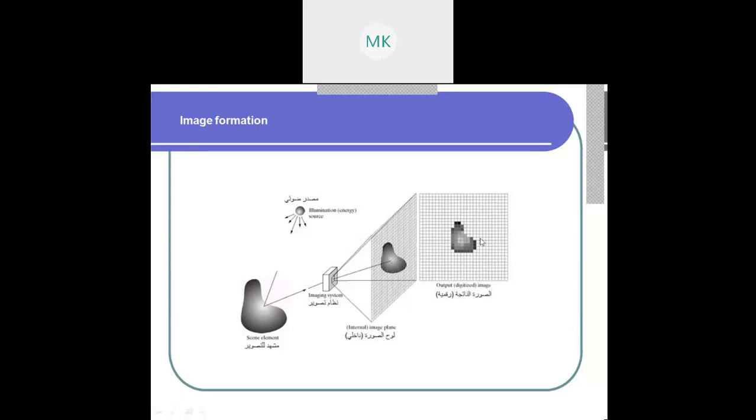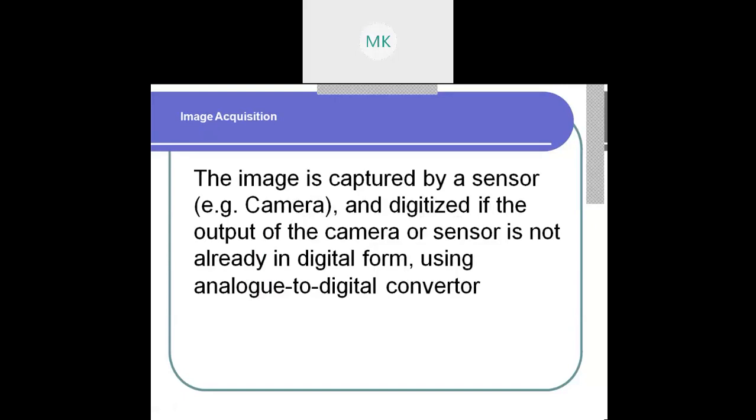Next is image acquisition. The image is captured by a sensor, that is, by a camera, and digitized if the output of the camera or sensor is not already in digital form. This analog to digital conversion makes use of sampling and quantization techniques.